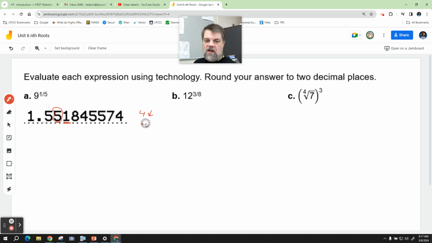If that number is 5 or higher, then I round up. Well, this is lower than 4. So I'm just going to write this as 1.55. Okay, just a little refresh on the rounding.